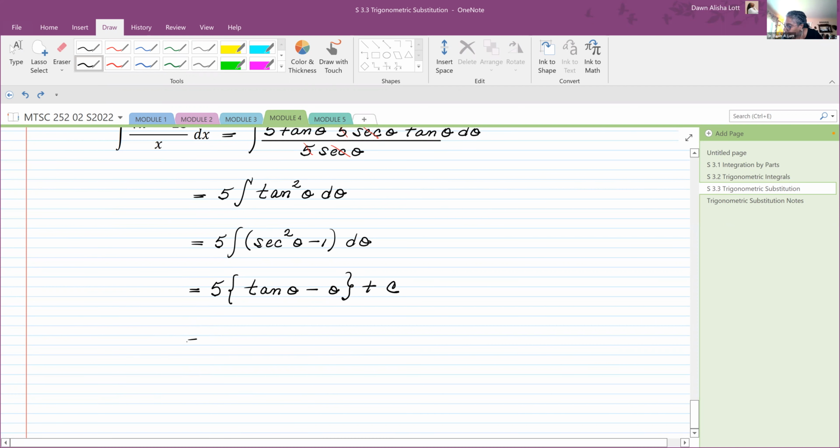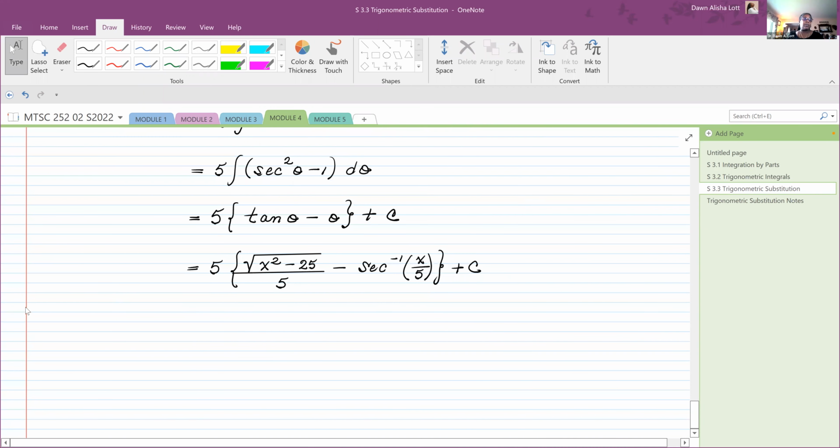So this is 5. Tangent is the square root of x squared minus 25 over 5, minus, and this is the secant inverse of x over 5, plus a constant. So we are done.